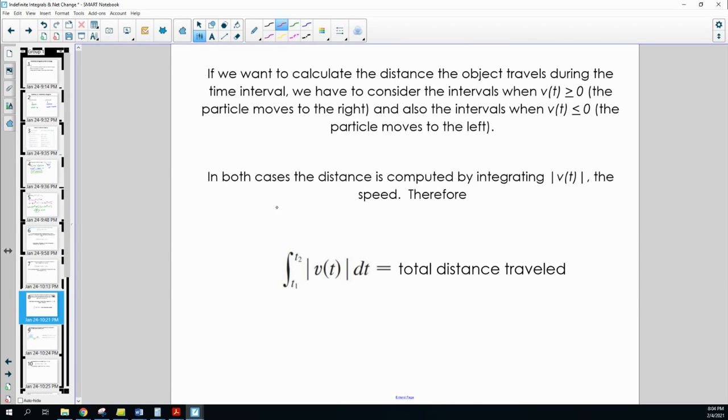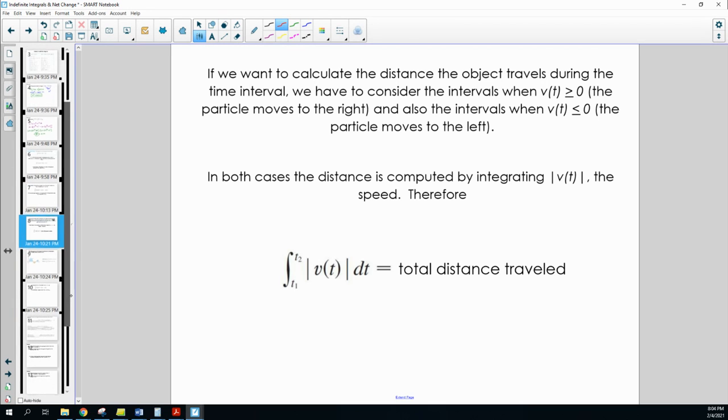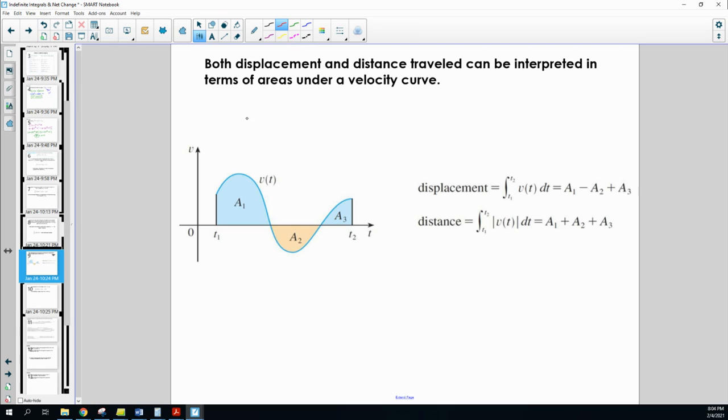Okay, we also talked about before total distance traveled. So that would be the absolute value of the velocity. So it's still the idea of net change, but in this case, remember that the signs are always going to be positive. So both displacement and distance traveled can be interpreted in terms of area under the velocity curve.